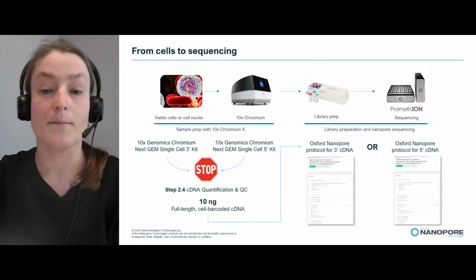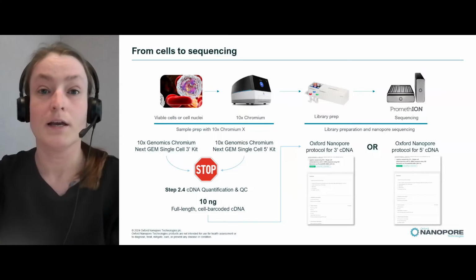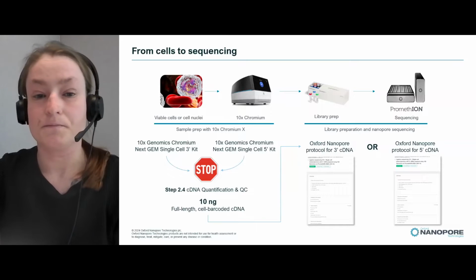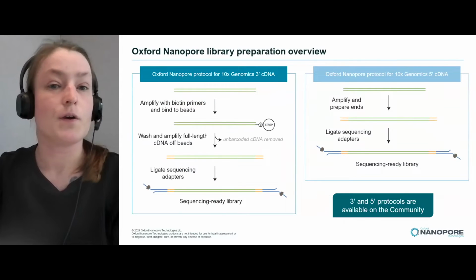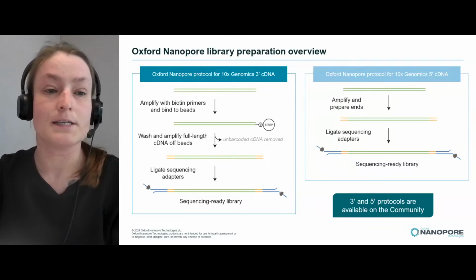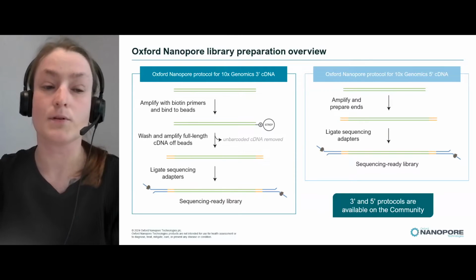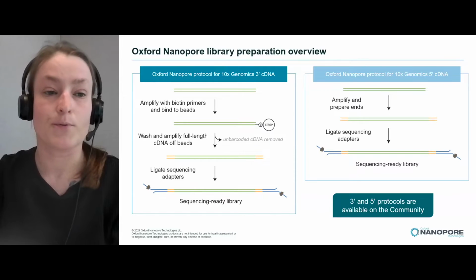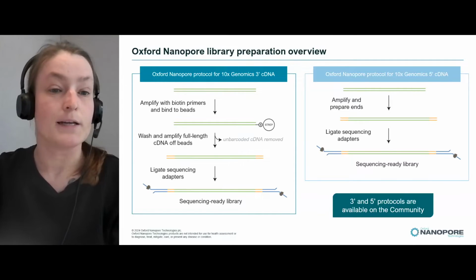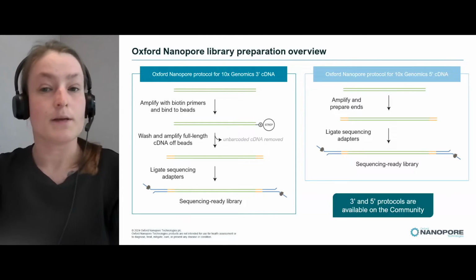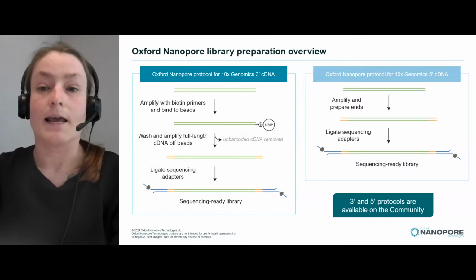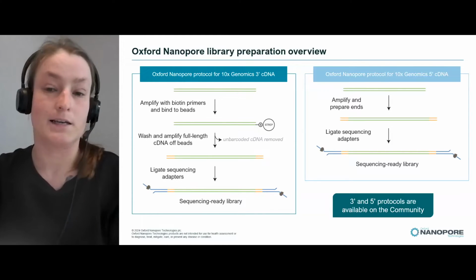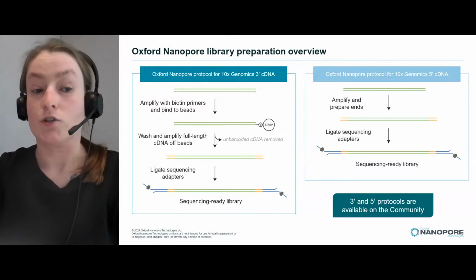So the 3' protocol or the 5' protocol are both available on the community, and I'll talk you through those in detail. This is an overview of those protocols, the 3' cDNA protocol and the 5' cDNA protocol. The 3' is a little bit longer than the 5', as it has two separate PCR steps. The first with biotinylated primers and then normal primers, and the 5' cDNA doesn't have those biotinylated primers, so you only have a short 8-cycle PCR step as opposed to two.